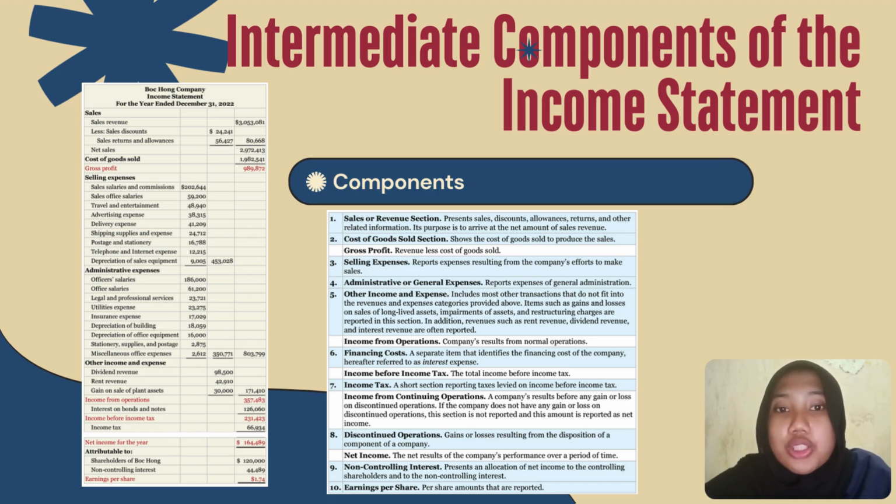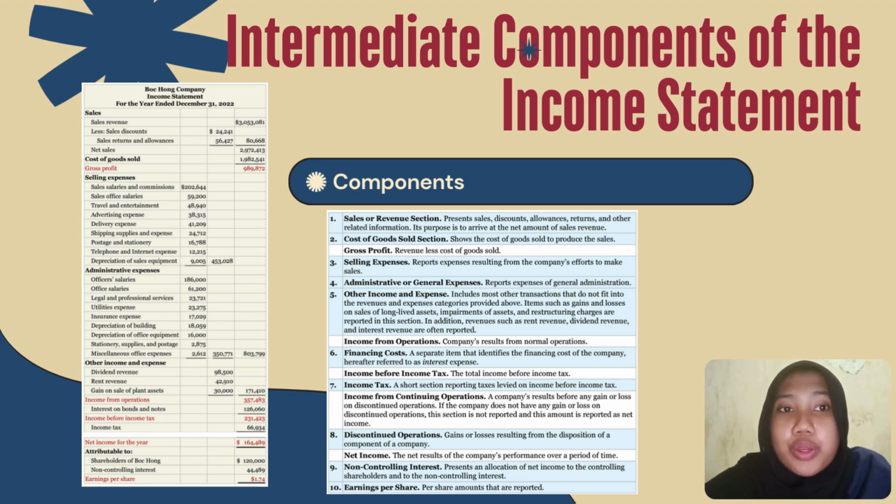And the fifth is other income and expense, which includes most other transactions that do not fit into the revenue and expense categories provided above. Items such as gains and losses on sales of long-lived assets, impairment of assets, and restructuring charges are reported in this section. In addition, revenues such as rent revenue, dividend revenue, and interest revenue are often reported.